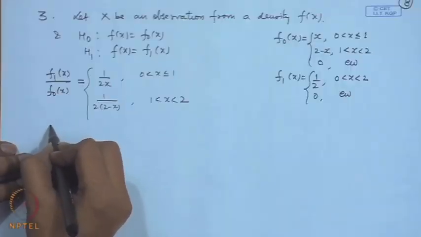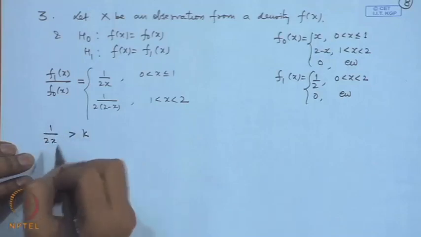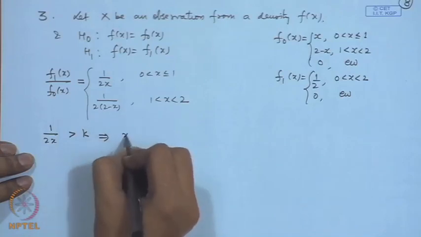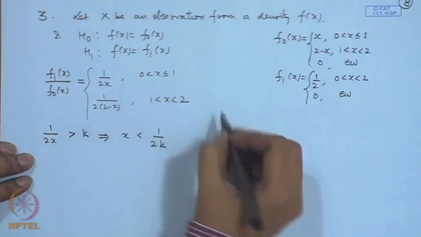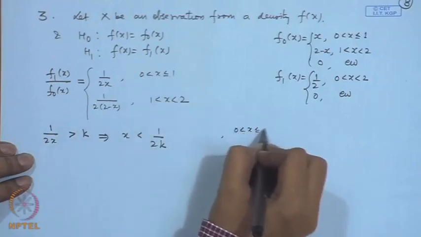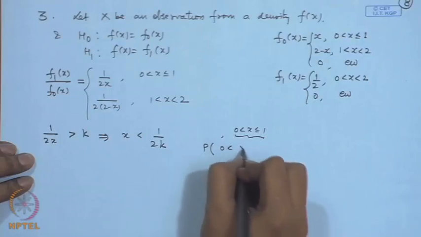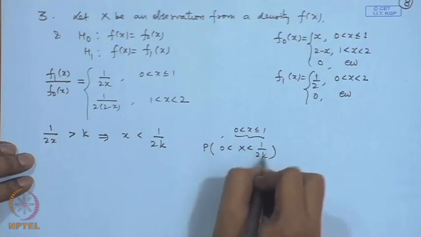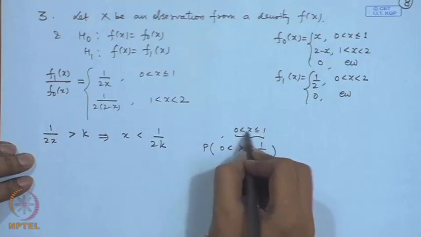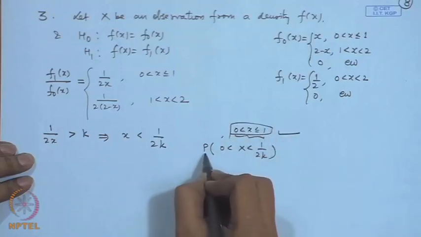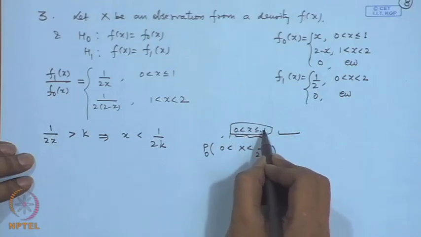So, if I consider the rejection region 1/(2x) > k, then this is equivalent to saying x < 1/(2k). Now, this is for the portion 0 < x ≤ 1. So, if we consider the probability of this region, that is 0 < x < 1/(2k), under H0, here we consider 0 to 1 only.